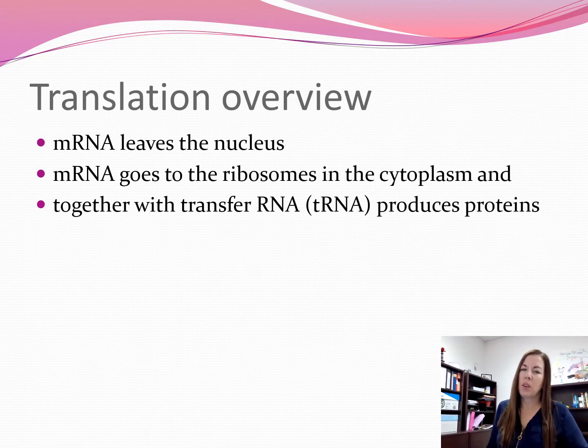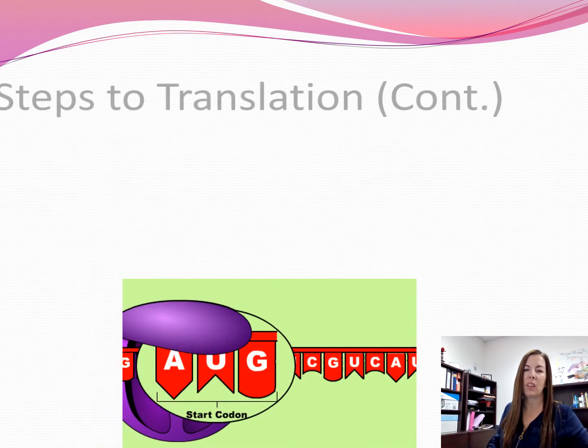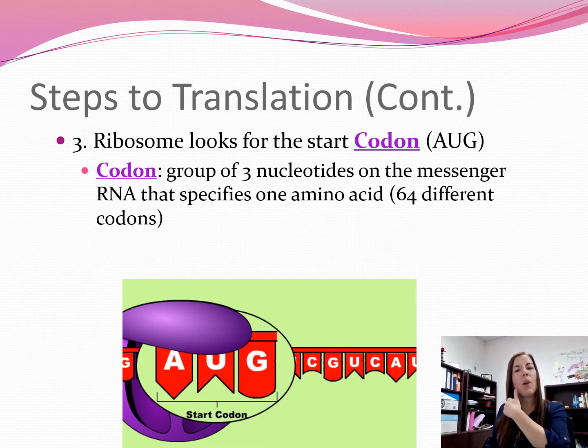So once the mRNA leaves the nucleus, it goes to a ribosome in the cytoplasm, and together with transfer RNA will then produce proteins. So first, RNA leaves the nucleus, binds to a ribosome. Only 6 RNA nucleotides are in the ribosome at one time. So the ribosome will look for what's called a start codon.